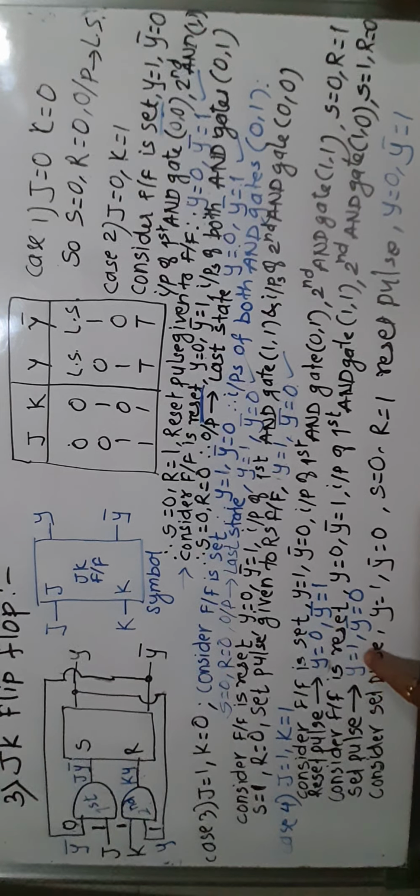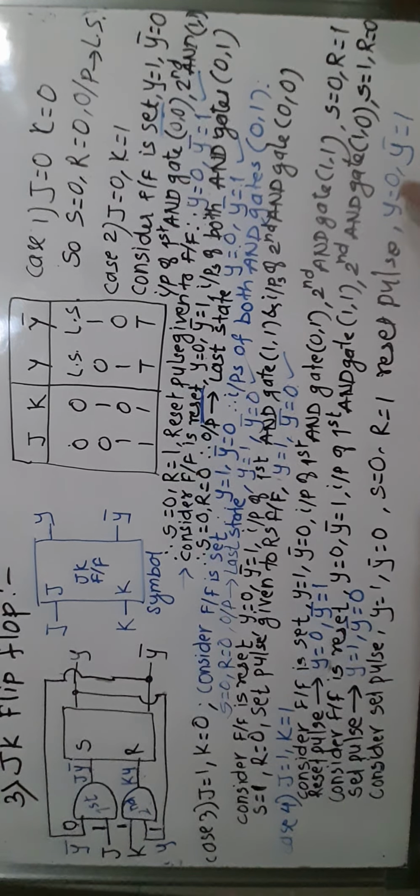After that Y becomes 1, means the flip flop sets. Then again, we have considered that the flip flop is set, then again it resets and Y becomes 0. Means Y is continuously changing from 1 to 0, 0 to 1, again 1 to 0. Such kind of state is known as toggling.